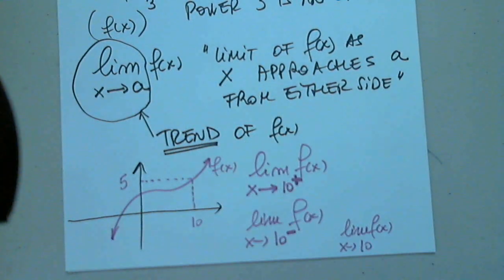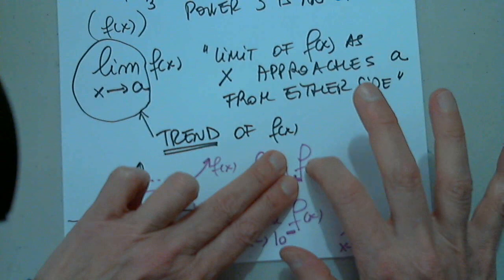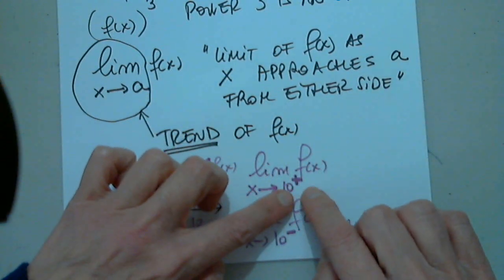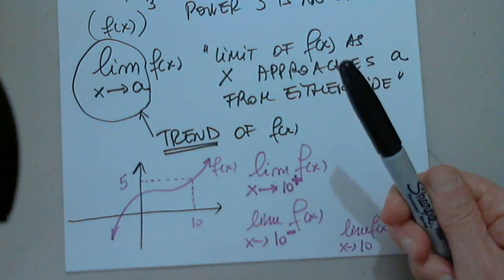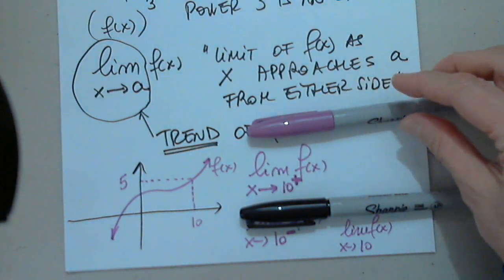So let's look at the graph that we came up with. What is the limit of this function? The trend of the function values when x approaches 10 from the right. Before you say anything, this represents the x values, and this represents the y values.